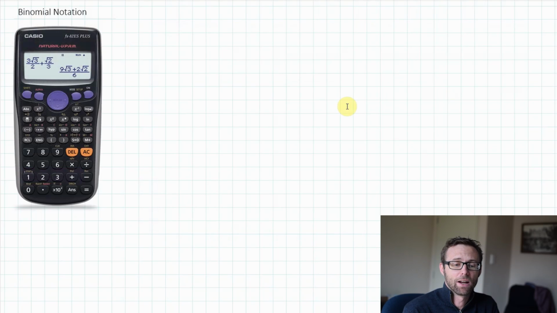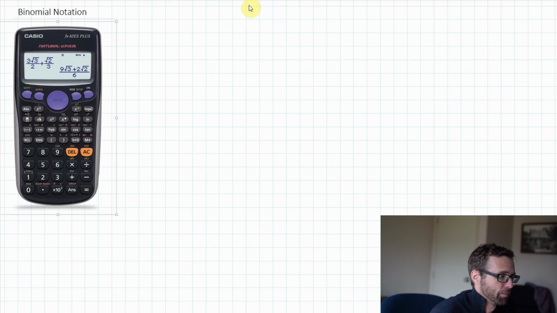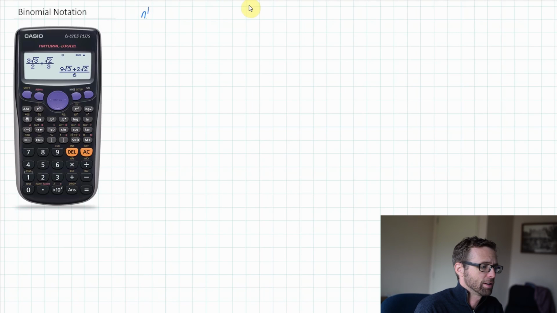So, what does factorial notation look like? If we write something like n factorial, this is what it means.